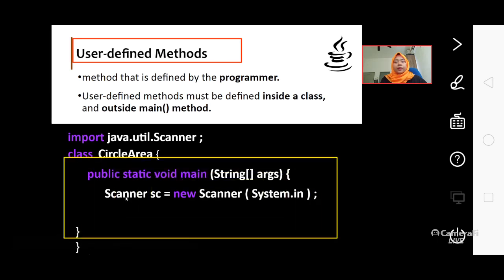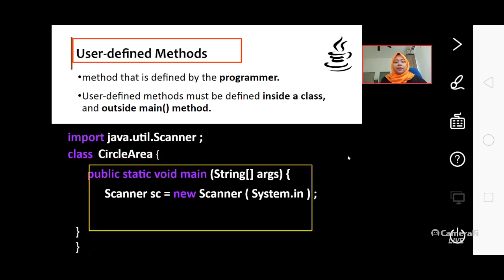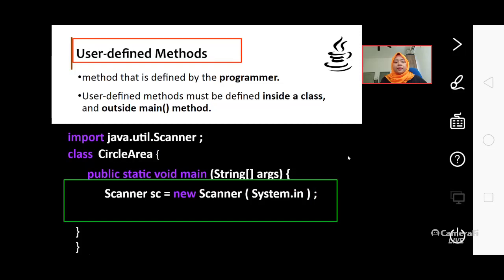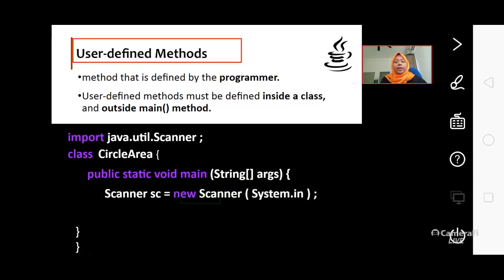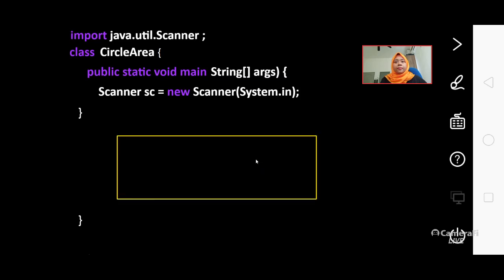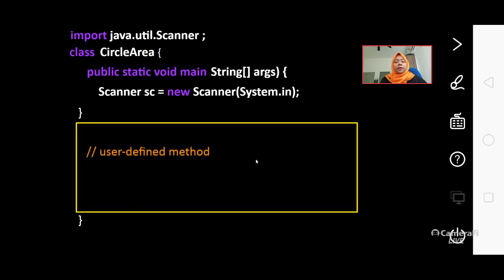Okay, so inside the class but outside the main method. Yes, there is the location of the user-defined method. This is the area for the programmer to define their method.